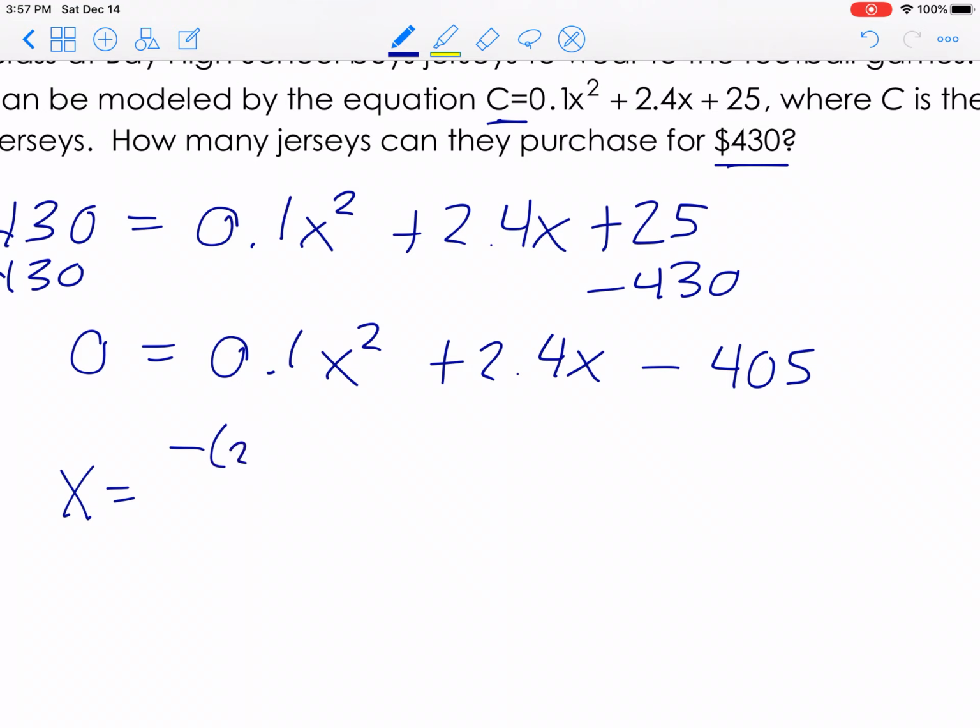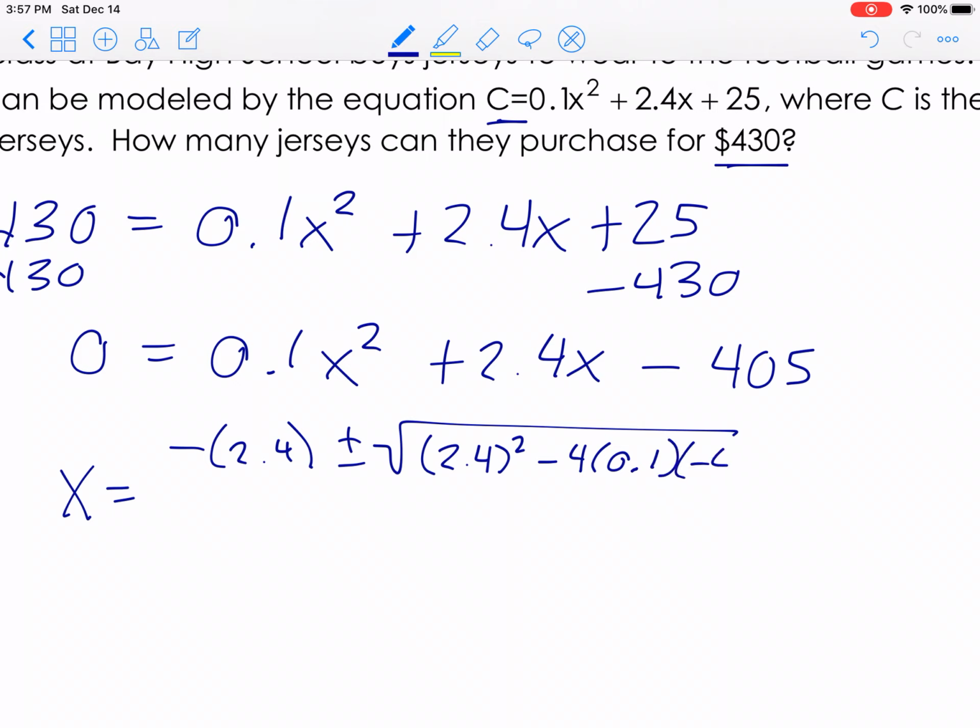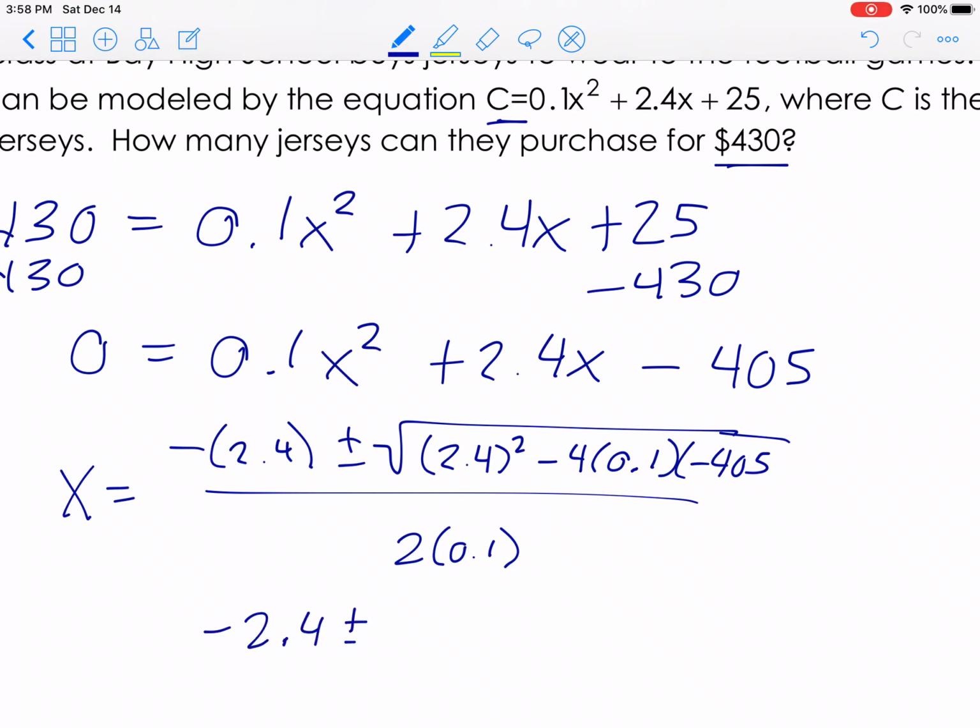So x equals negative b plus or minus the square root of b squared minus 4 times a times c all over 2a. Okay. I'm calculating the discriminant now. I got 167.76.